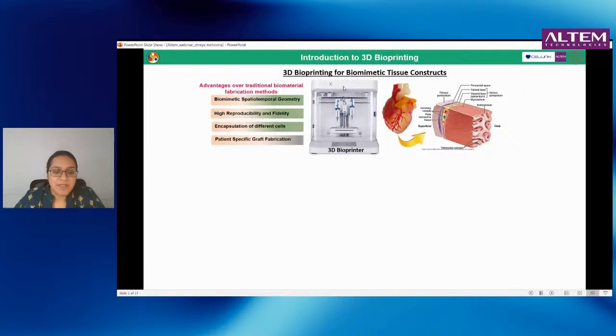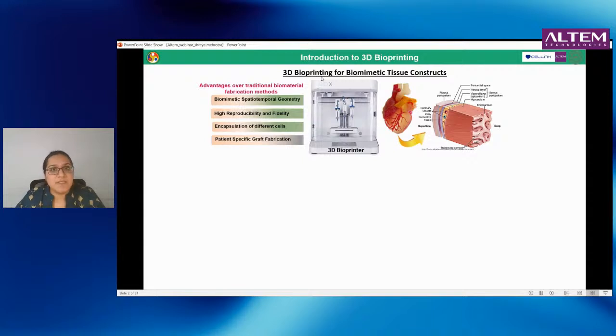As we know, in recent years, with the advent of state-of-the-art manufacturing techniques and its applications in the field of tissue engineering, it has enabled the 3D bioprinting of human tissues that have intricate architecture similar to the native human organs. These tissues developed using 3D bioprinting have several advantages over traditional fabrication methods, because 3D bioprinting allows the development of biomimetic tissues that have spatiotemporal geometry similar to the native tissue.